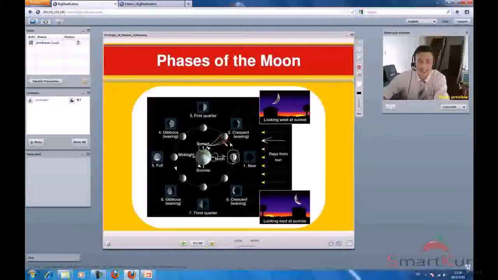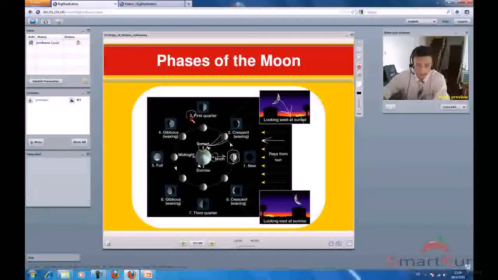Notice, as the moon revolves around the Earth, we go from point 1 to point 2. Now, notice a person standing on the Earth is going to look up at the moon like this, and they're only going to see a small portion of light, a small part of the light side. Look at the 3 lines that I drew there.